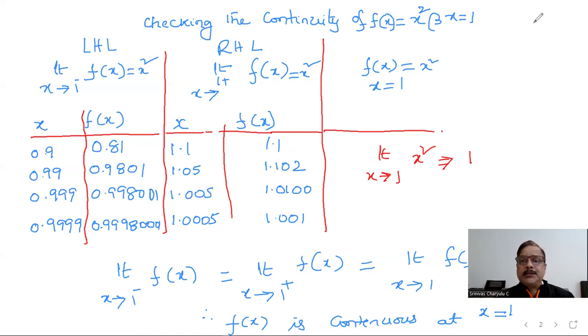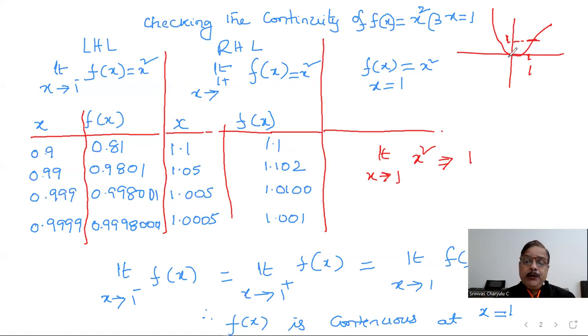Generally we know, if you just draw here, LHL. Now I'll draw this parabola for you. It looks like this. Let us say this is 1, and for 1 definitely the y coordinate will also be 1. So we know very clearly, if you put x is equal to 1, output will be 1.